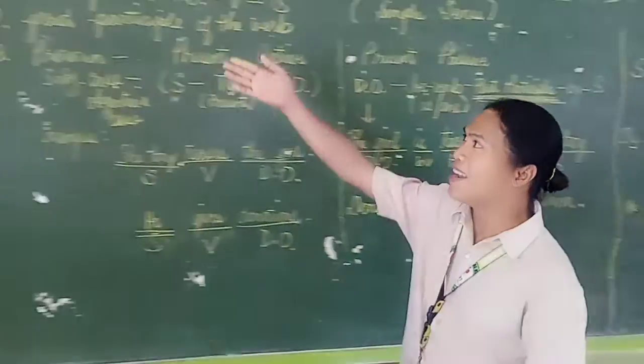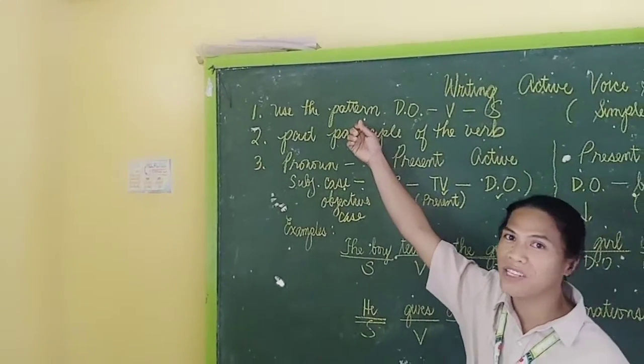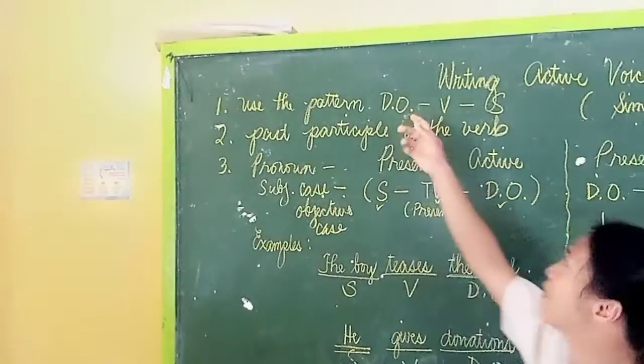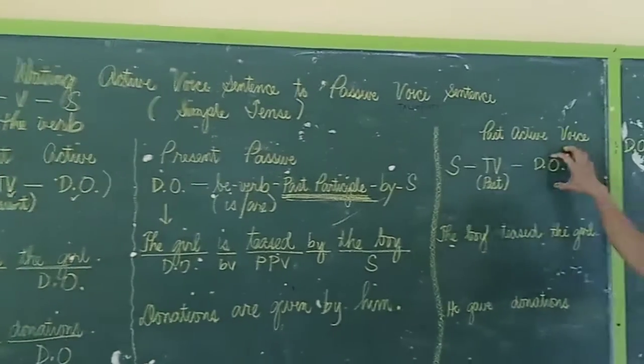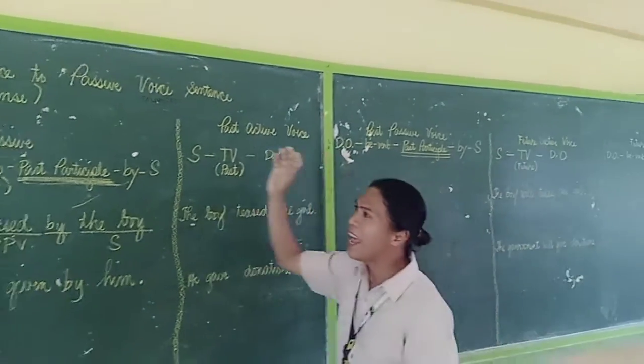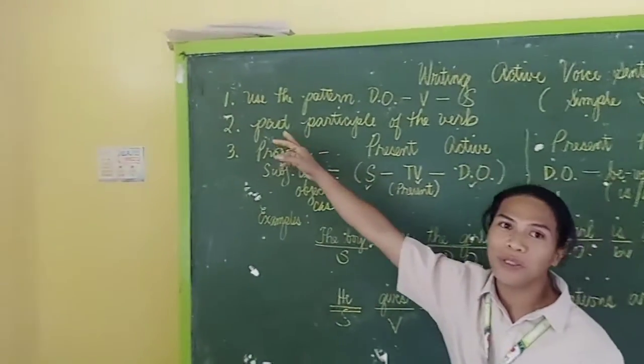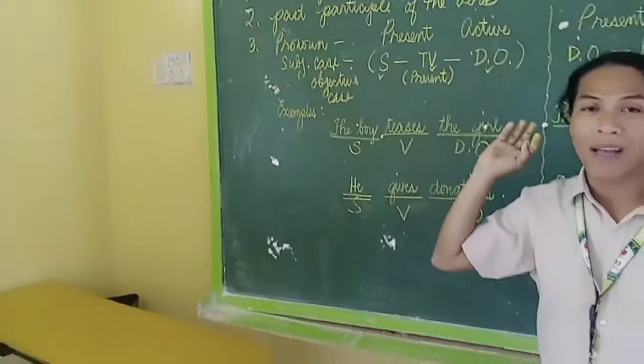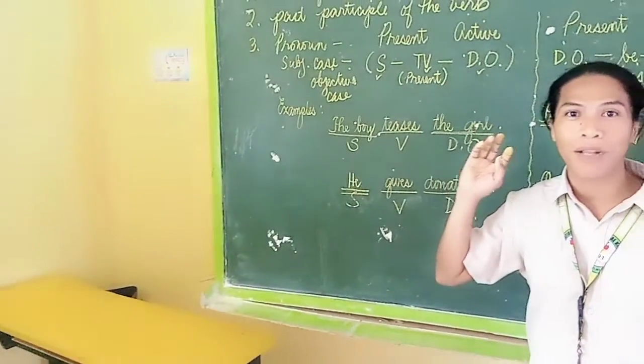Sige. So this one, ha, these are the following considerations. You are provided with the pattern. These are the patterns. Okay? And then be careful with the past participle of the verb na imong usbon. So, dapat kabaluta sa past participle of the verb.